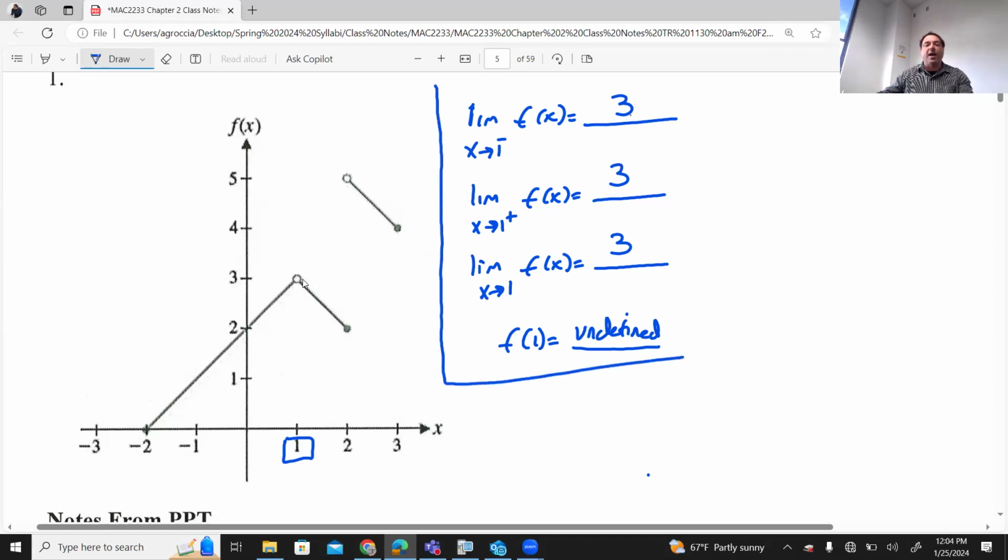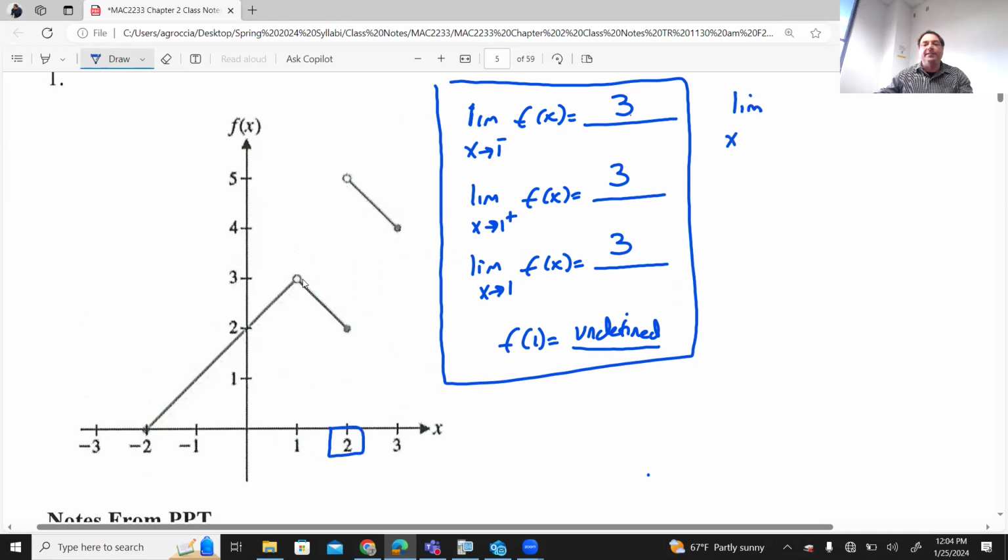Now I'm going to ask you to try one on your own. The other part that has an issue is what number? 2. So let's now focus on 2. And I'm going to ask the same questions. The limit as X approaches 2 from the left.